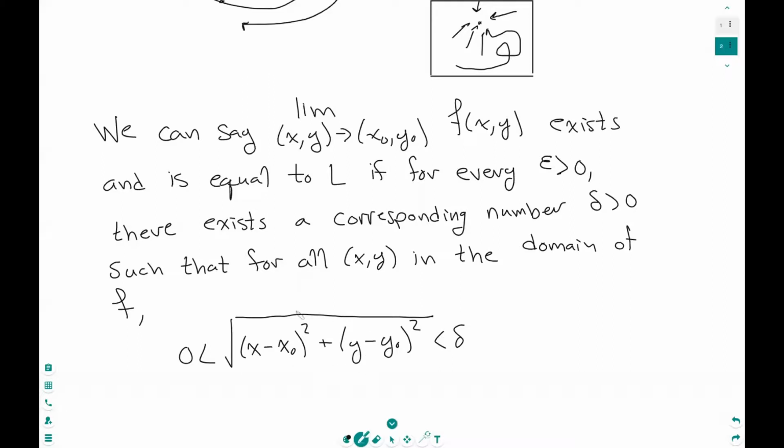So notice this is representing the distance we have, and it's bounded between 0 and our delta.